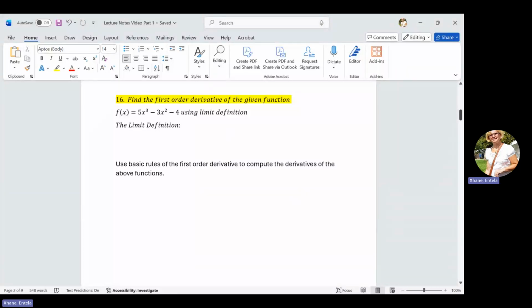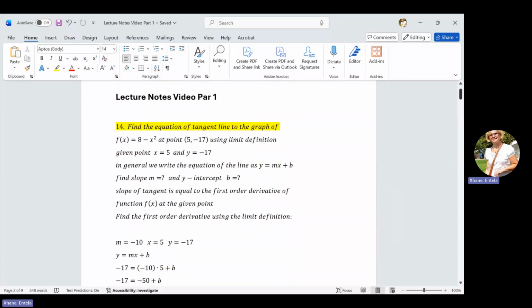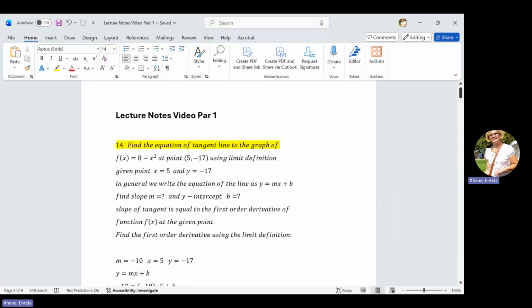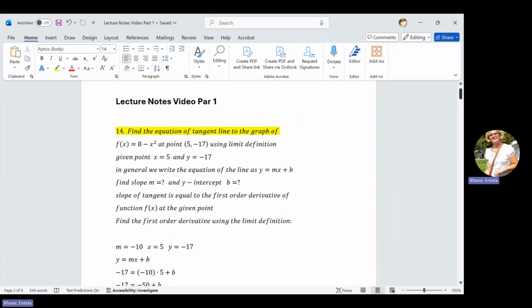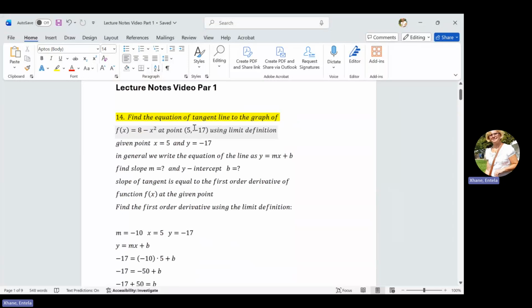In that particular file listed as the additional notes, you do have some examples starting with number 14. Now, these particular examples are asking to find the equation of the tangent line to the graph of the given function at the given point using the limit definition of the first order derivative.